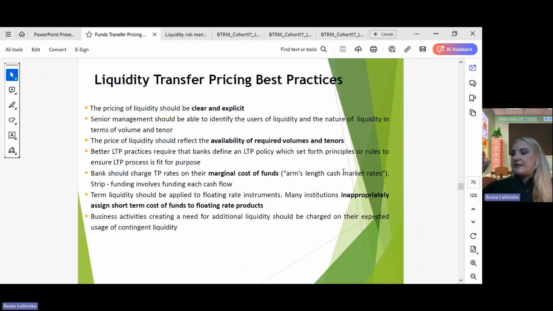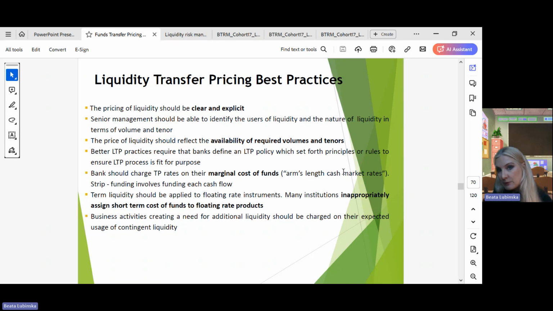So what is this additional marginal rate of the new funding which you have to gather in order to expand your balance sheet? It's not the average cost of funds, it is telling you about the marginal cost of funds.